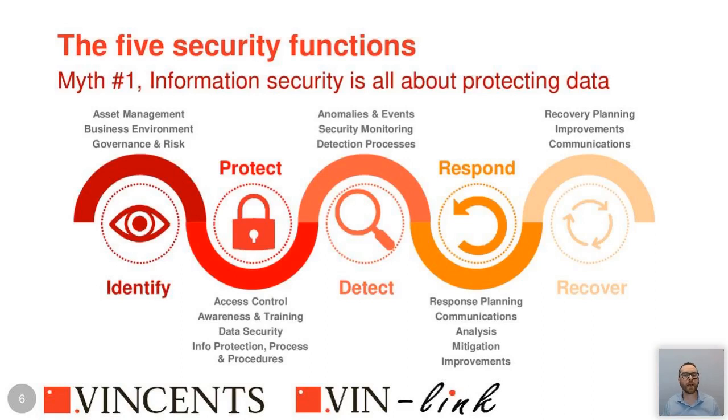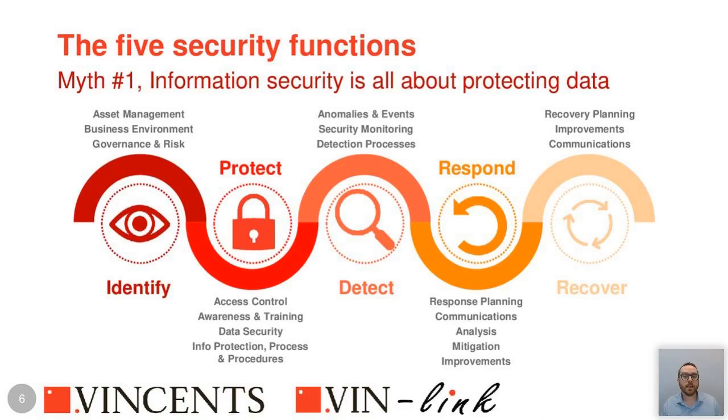With this category: security monitoring, detection processes, anything abnormal behavior. If you have a baseline saying here's the normal behavior of an environment, then detective controls will be able to potentially alert you to any abnormal behaviors. So that's a very, very important control.